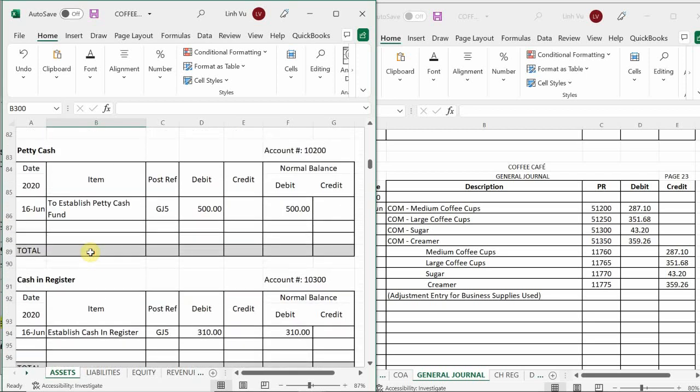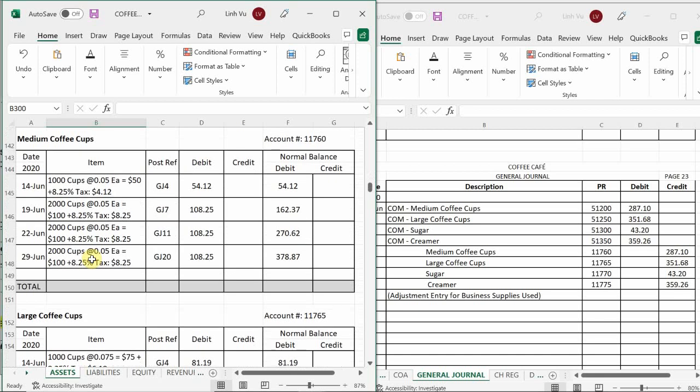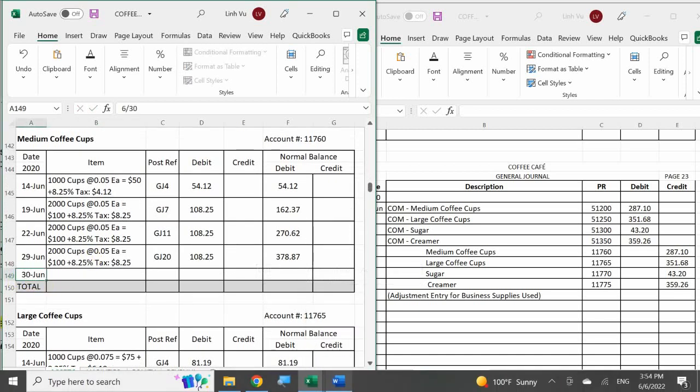So starting with the first one here, our medium coffee cups. It is the 30th, right? I'm going to put adjustment entry. Sold 5,297 cups.